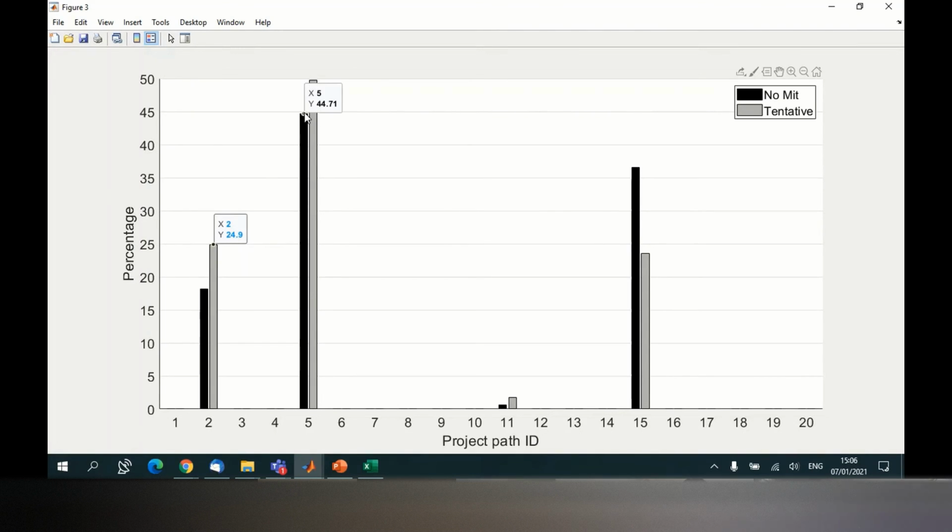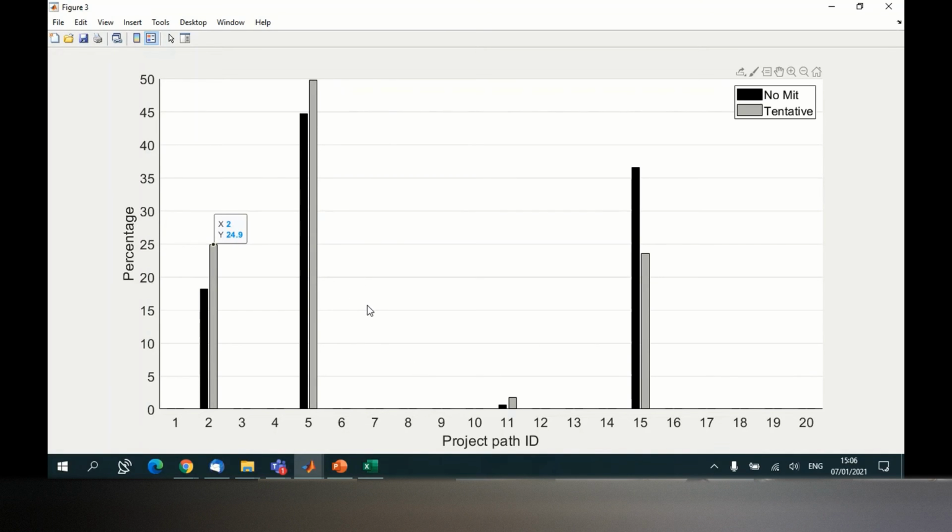Without mitigation, it's like working on a different network than with mitigation. That's why we have two different results. But just focus on one of them. Let's focus on the gray one. That's with mitigation. So number 5 is the most critical path. Number 2 is the second most critical path, 25%. And number 11 happened to be a critical path a few times, but other paths were never critical. So we have 4 possible critical paths that we have to focus on.